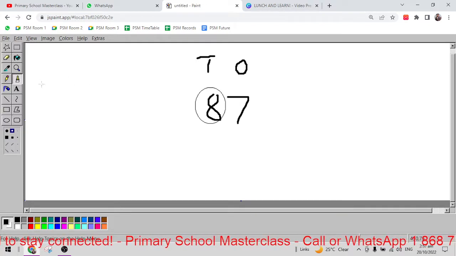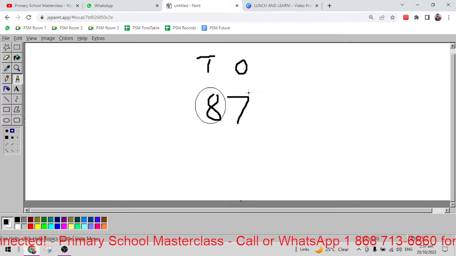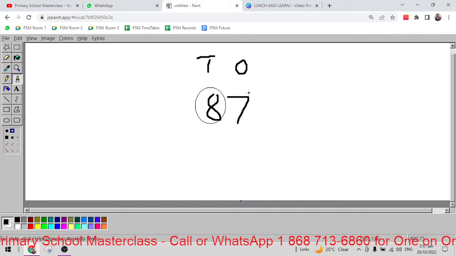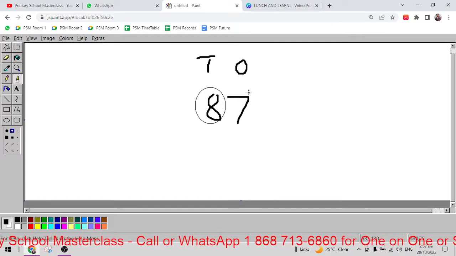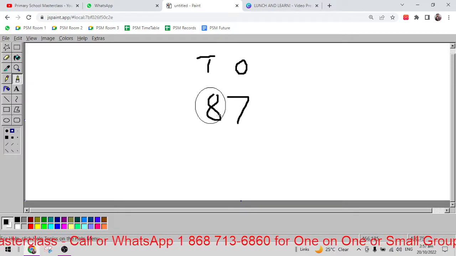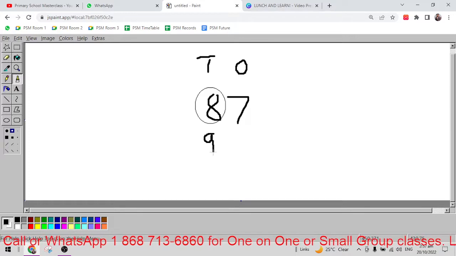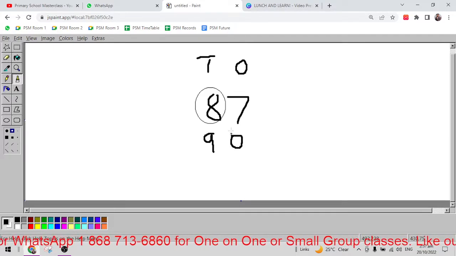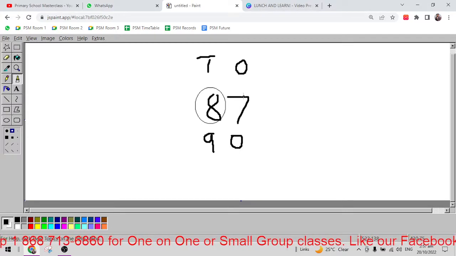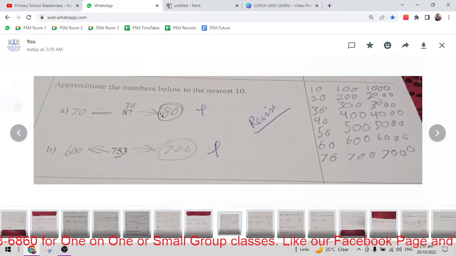Then I look at the number next to it, which is the 7. Is the 7 equal or greater than 5? Yes, 7 is greater than 5. Therefore, I need to change the 8 and increase it by 1. That's going to give me 9. And then fill in with zeros. So 87 approximated to the nearest 10 is going to be 90.